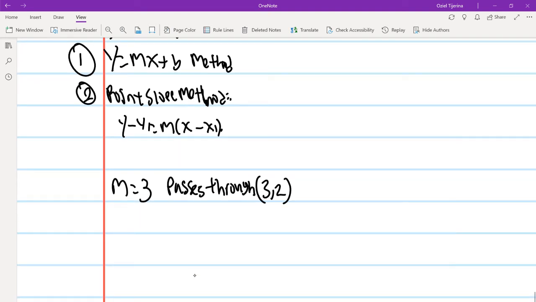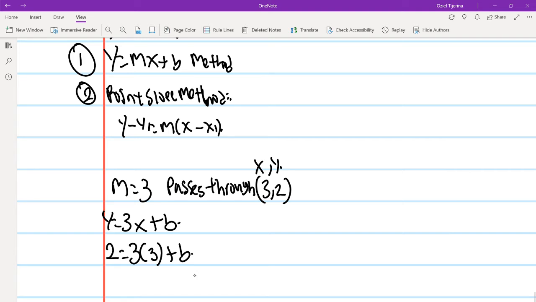So we would say y equals 3x plus b. We have an x and a y, so we can say 2 equals 3 times 3 plus b.